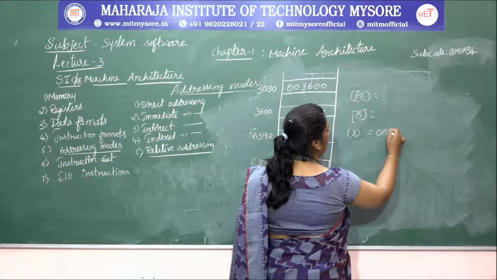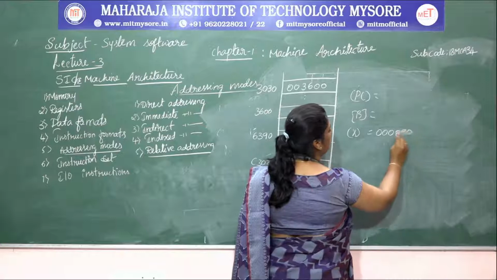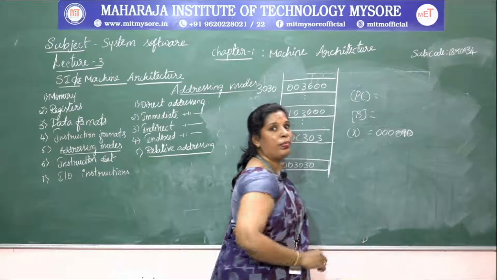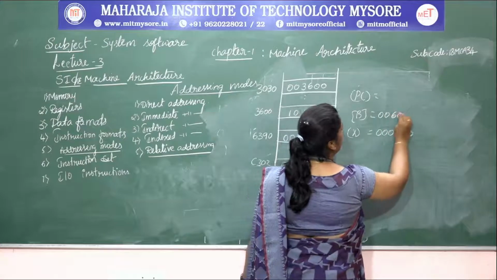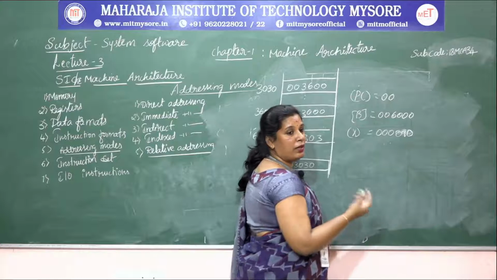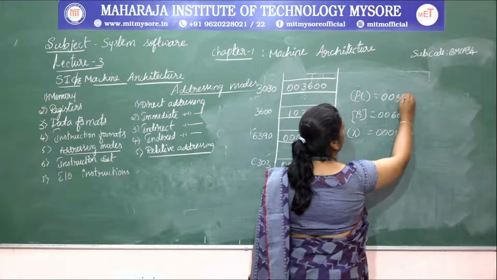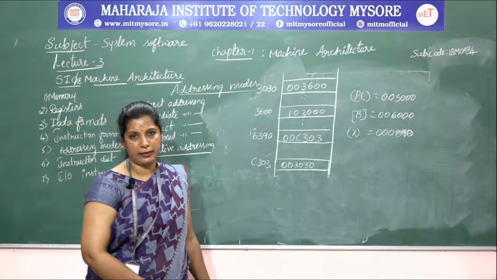The index register value is 00090. For the base register it is 00600. This is an assumption, that's it, right? For the program counter value it is 00300. So this is the example I have taken.